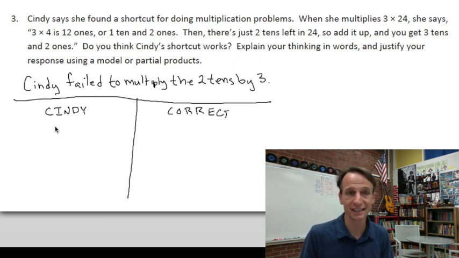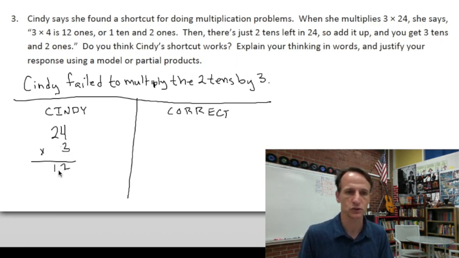Okay, so what Cindy did, she was doing 24 times 3. And she said, okay, 3 times 4 is 12. And she didn't do the 3 times 20. She just wrote down 20 and got 32. 3 10s, 2 1s, right? Okay, but we know that's wrong.